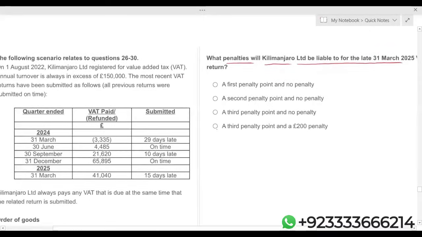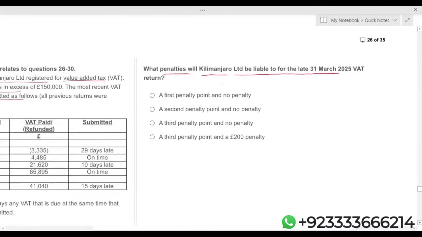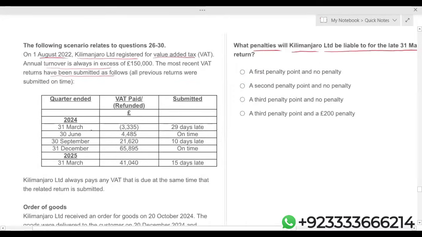Let's see. On 1st of August 2022, Kilimanjaro Limited registered for VAT. Annual turnover is always in excess of 150. The most recent VAT returns have been submitted as follows. 31st March 25, this is 29 days late. This was on time, 10 days late.